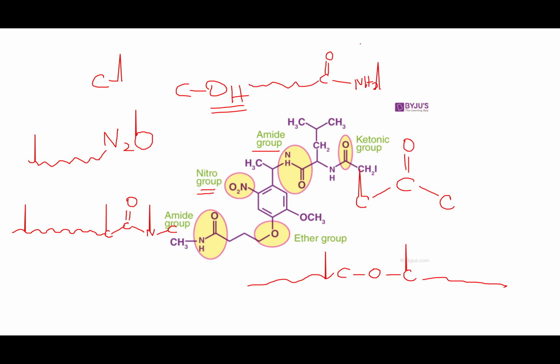So this is your amide. Okay, so the nitrogen can either have two hydrogens bonded, or one hydrogen can be replaced with another carbon atom. So this is an amide group.